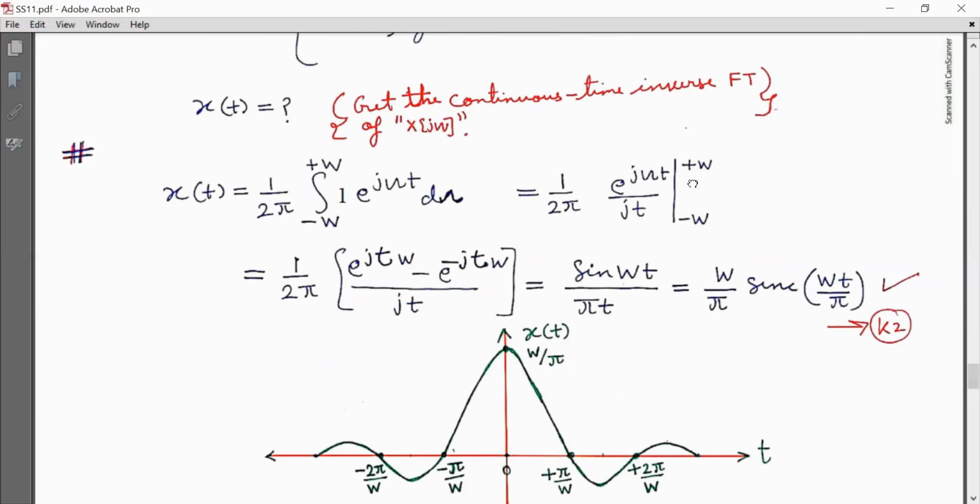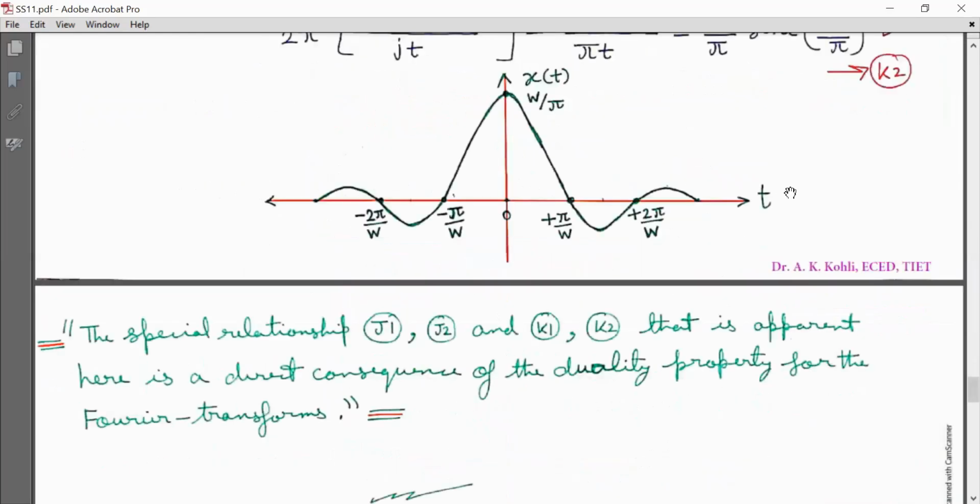So this special relationship between J1, J2 and K1, K2 that is apparent here is a direct consequence of the duality property for the Fourier transform. I repeat, the special relationship between J1, J2 and K1, K2 is a direct consequence of the duality property for the Fourier transform.